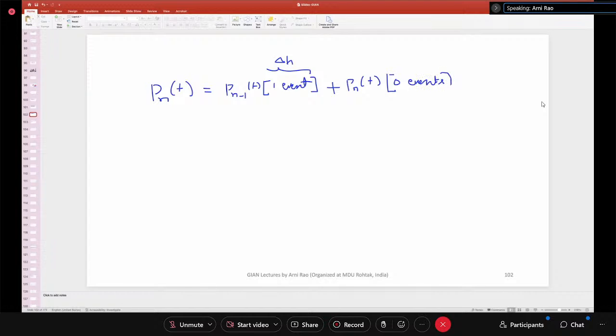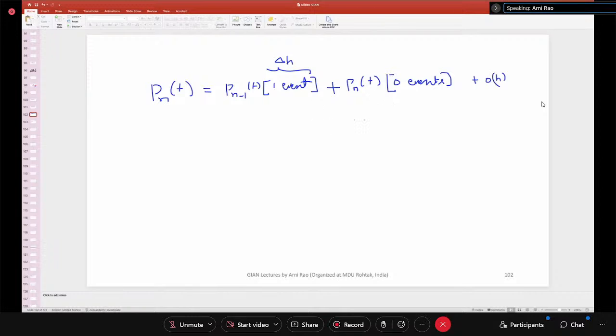So the question was, why don't we have to have an order of h here? Some books do mention order of h here, but it is not strictly necessary, because according to the counting process condition there are only two possibilities. There cannot be any other option of having more than that.